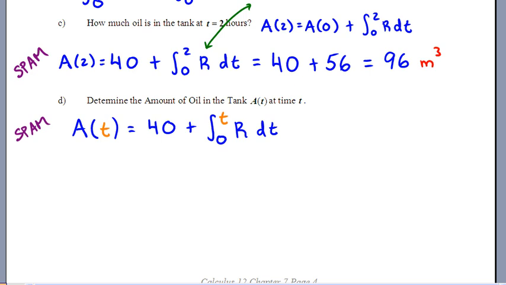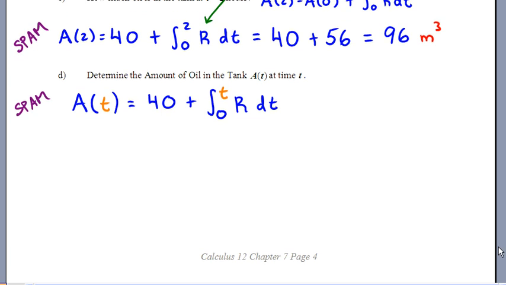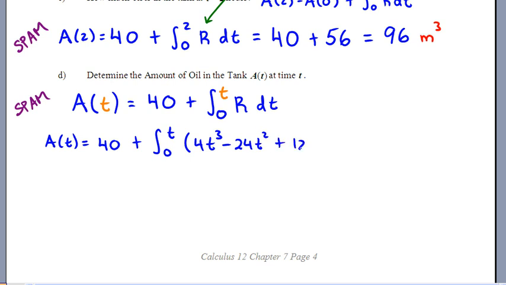Okay, let's see if we can squeeze this in here. We're going to have to go 40 plus an integral from 0 to just generally t of 4t cubed minus 24 t squared plus 12t plus 40 dt.